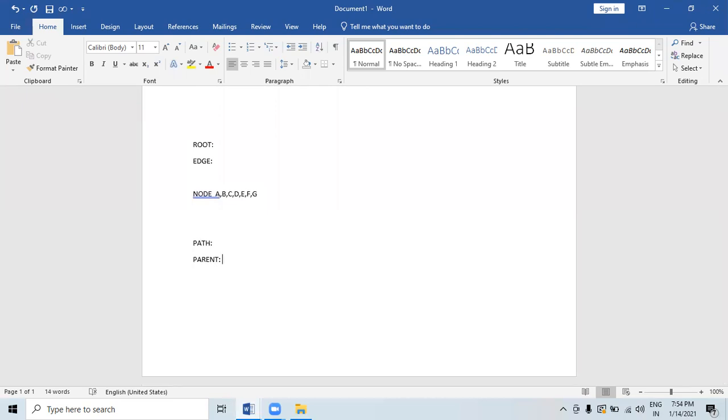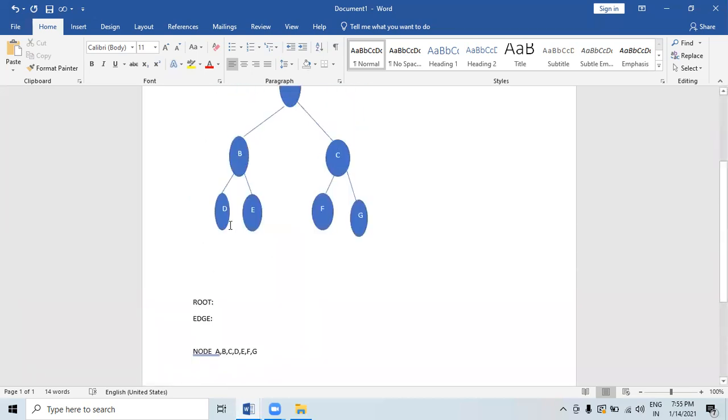So in a tree data structure, the node which is a predecessor of any node is called a parent. Means a node that has children is called a parent node. A parent node can also be defined as the node which has children. Like you can see, B has these as its children, so it's called a parent.